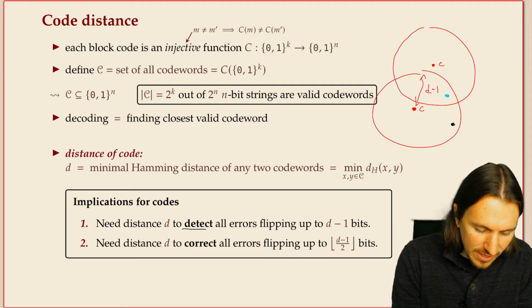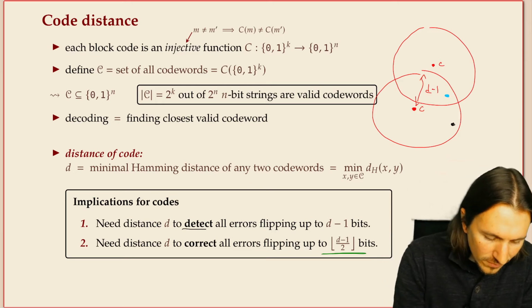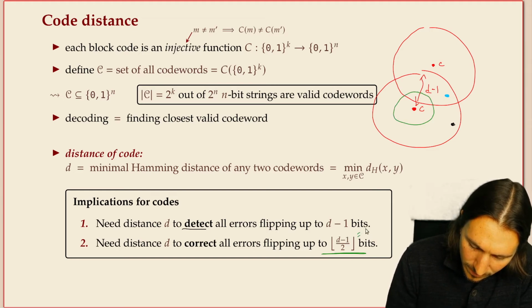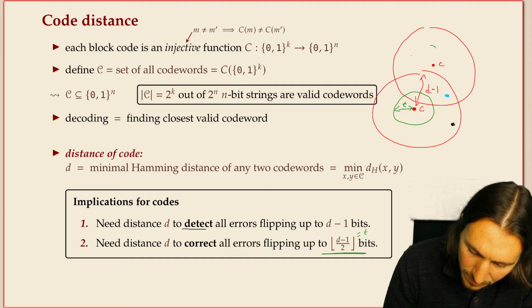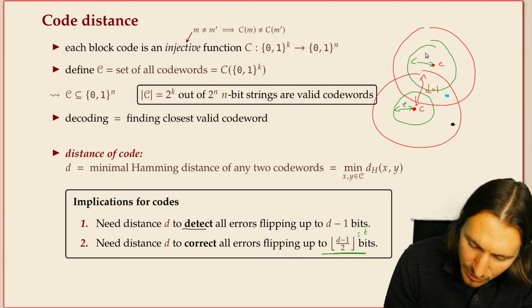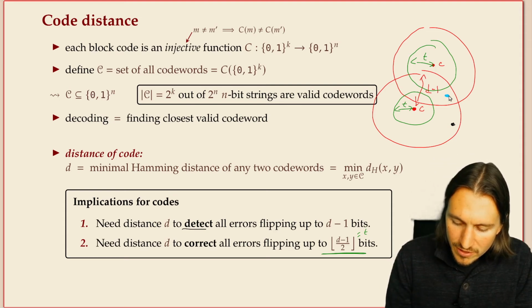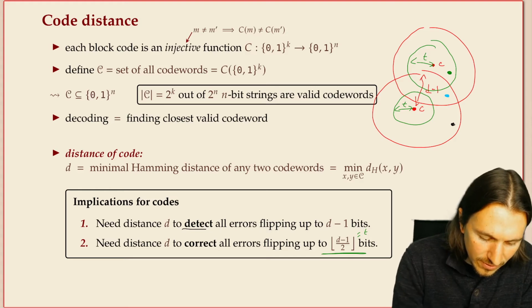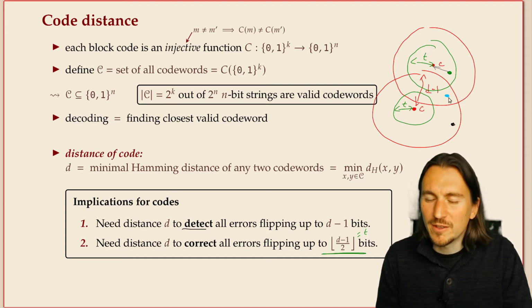But if I take a smaller radius, just (d-1)/2, let's call this t, so I can make a radius of a ball of size t, then I'm guaranteed that these don't overlap. So the green circles don't overlap. And any of these points inside the green circle can uniquely be mapped to its code in the center. Whereas this blue point here is too far away from any valid code word to be sure which one it was before all those bits got twisted.